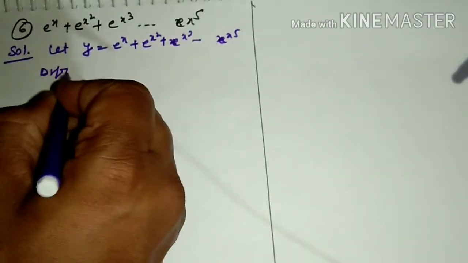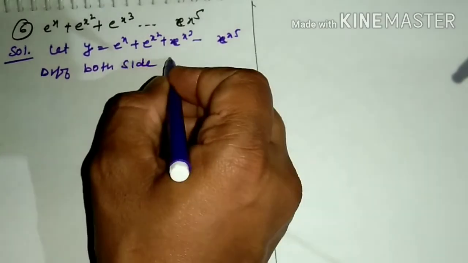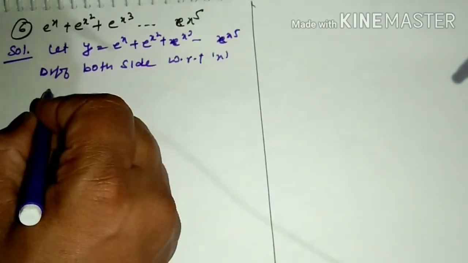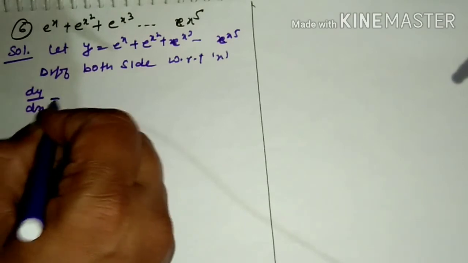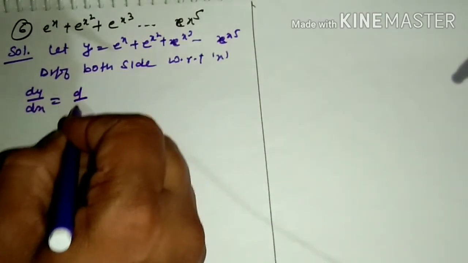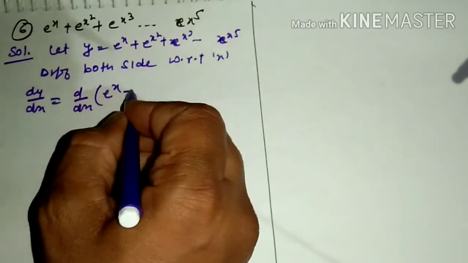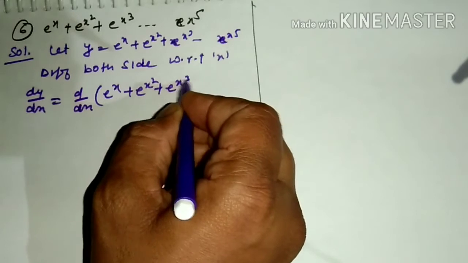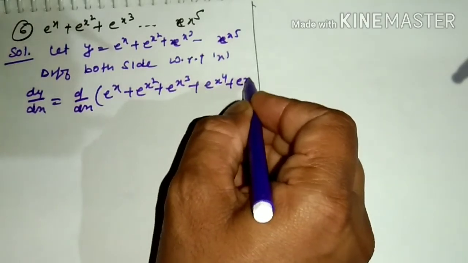Differentiating both sides with respect to x. So what we get? dy upon dx is equal to dy upon dx of e to the power x, e to the power x square, e to the power x cube, e to the power x4, e to the power x5.